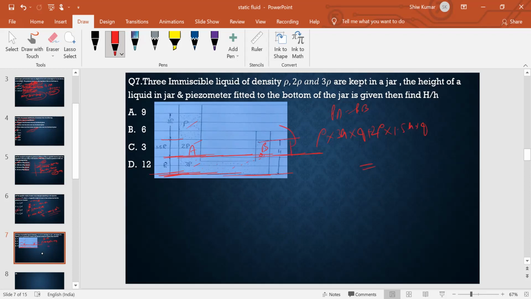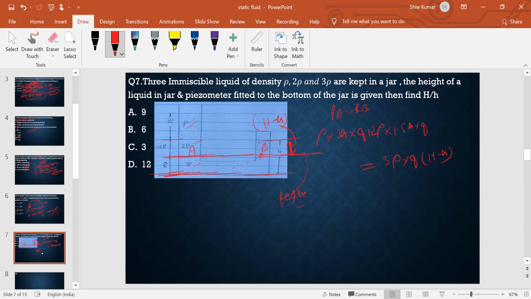This height will be capital H minus small h, and that gives 3 rho into g into capital H minus small h, because the height for this liquid is H minus small h, since this is my reference line.